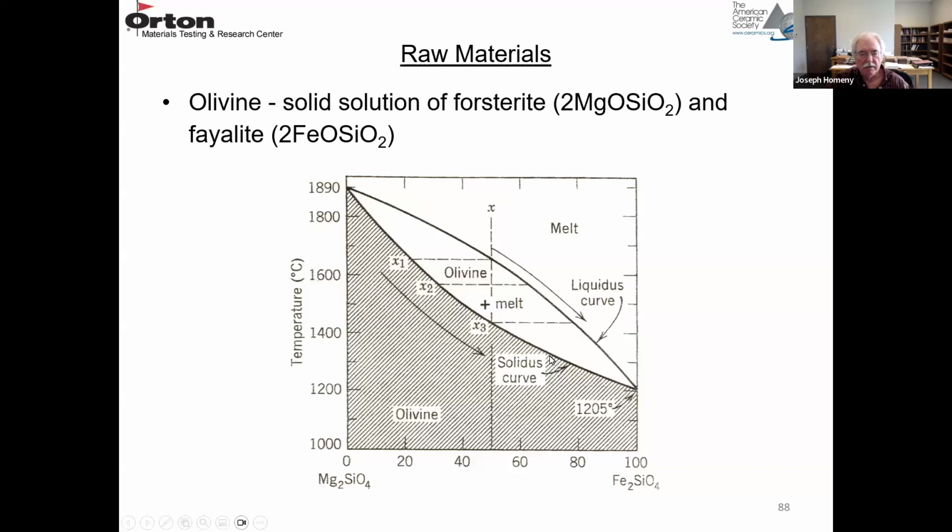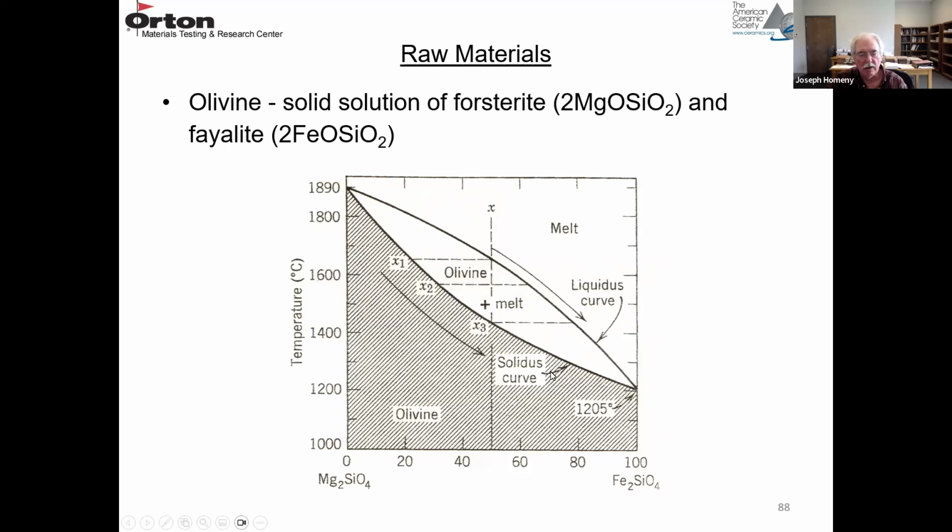So this is what the phase diagram looks like for olivine. It's a solid solution of phosphorite, which is 2MgO·SiO2, and phthalate, 2FeO·SiO2. So it forms a complete solid solution. So here's 100% phosphorite. Here's 100% phthalate. So phosphorite melts at about 1890 degrees C, and phthalate at 1205 degrees C. So you can see the solidus curve here.